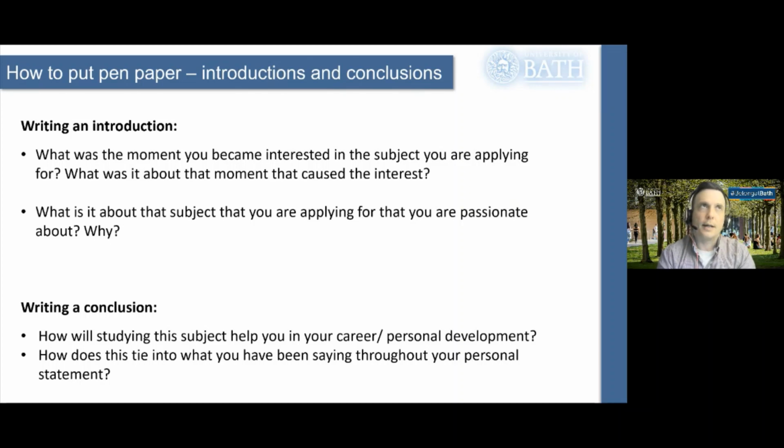I appreciate I'm not here to talk about other universities and institutions, but I know many of you will be thinking about Oxbridge, and the only caveat I would add to all of the things I've said today is that if you're doing a personal statement for Oxbridge, I would definitely advise you to speak with them directly to see how they might change their approach to what I have said today.